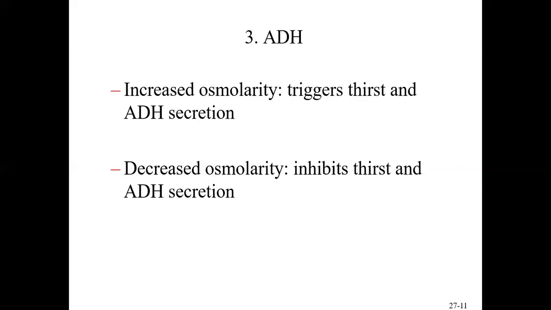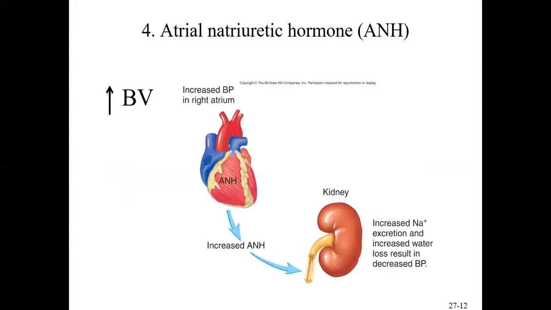So number 3 is ADH, and then number 4 is another hormone we've looked at several times, ANH or ANP as it's in your textbook, atrial natriuretic hormone or atrial natriuretic peptide. This is a hormone that is produced by the right atrium. So let's say that your body fluids are elevated, maybe you are overhydrated, and your blood volume is high. That causes more fluid to return back to the right atrium.